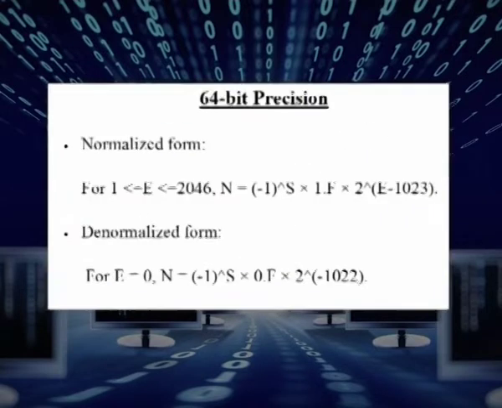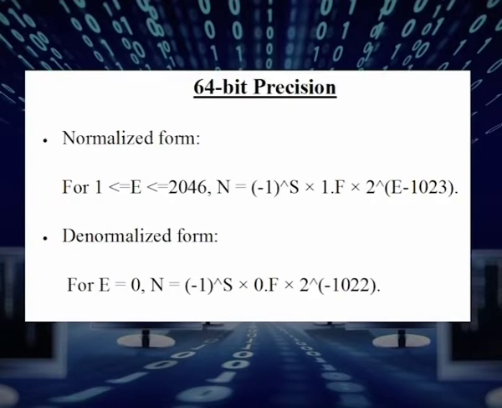The value of a number n is calculated as, for normalized form, where e is greater than or equal to 1 and less than or equal to 2046, n is equal to (-1)^s × 1.f × 2^(e-1023).